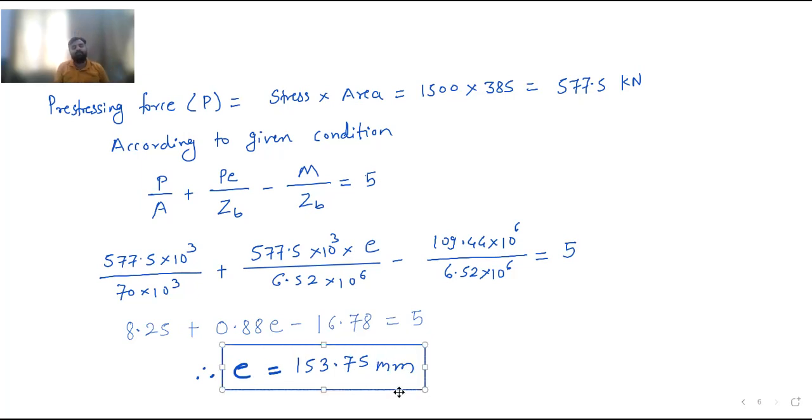Now for this eccentricity, what will be the stress at the top? So the corresponding stress at top, that also we will calculate. This is the extra thing which we are doing.